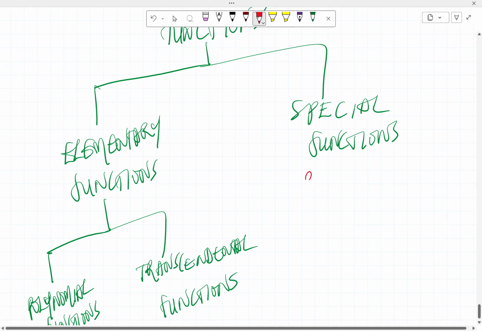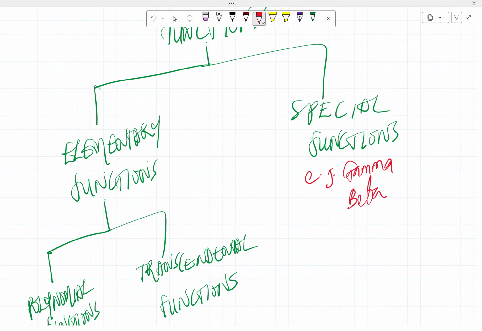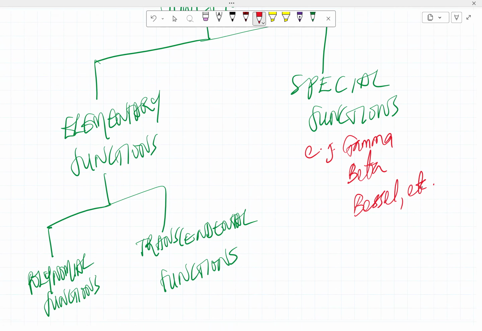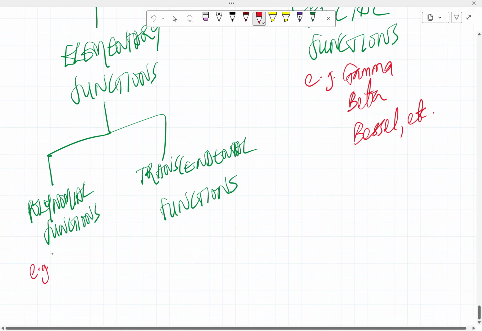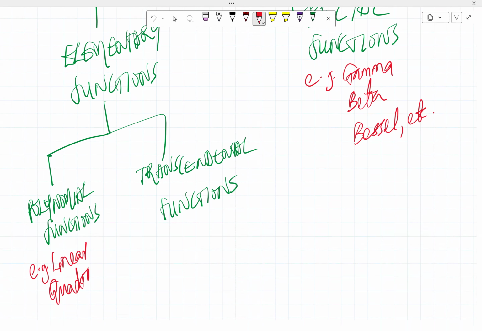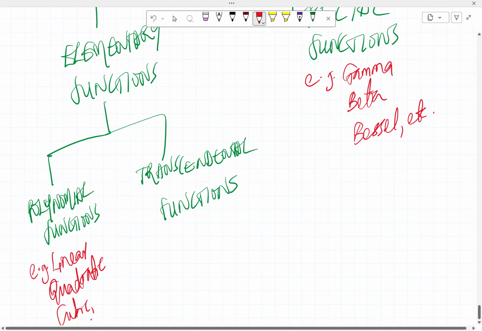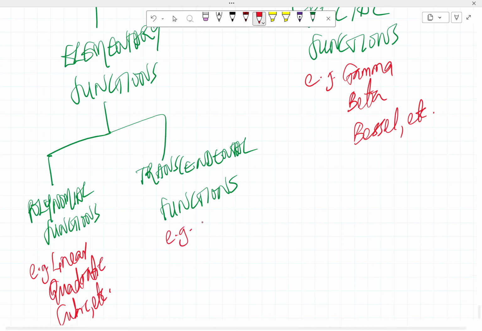Something like gamma, beta, Bessel, etc. Then coming to polynomial functions, of course, you have linear functions, you have quadratic, that's order 2, you have cubic, that's order 3, and so on and so forth. Then under transcendental functions, this is where you have things like exponential functions.